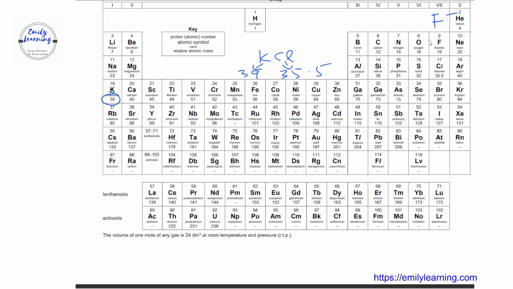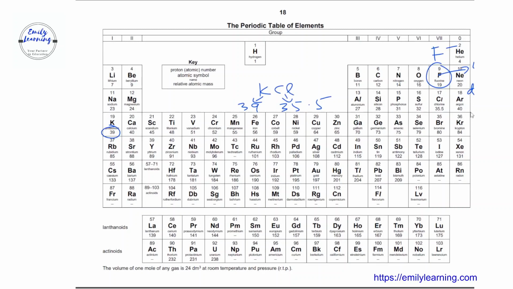And this ability to get reduced decreases down the group. So because it gets reduced very readily higher up in the group, it means that the oxidizing power decreases down the group, or in other words, the reducing power increases down the group.